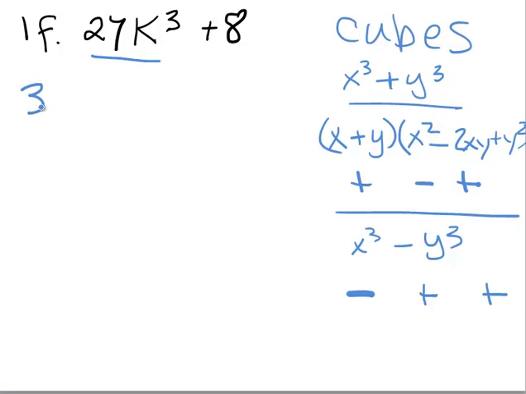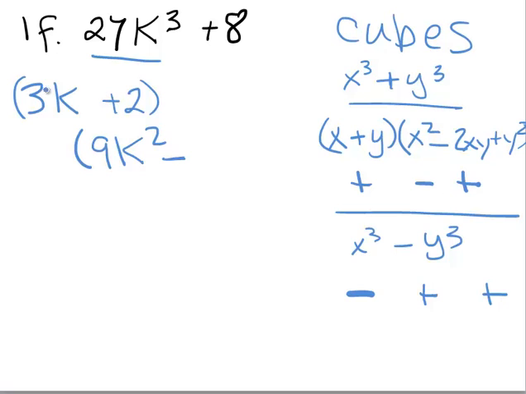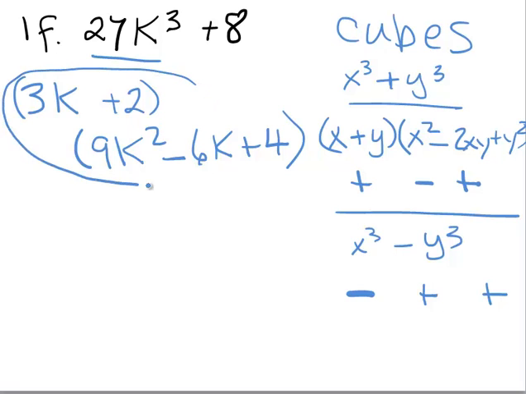So that would be 3k, because 3 times 3 times 3 is 27, plus the cube root of 8 is 2, okay, times 3k squared would be 9k, minus 2 times 3 is 6, 6k, plus 4. So those two things together, I didn't leave myself very much room, are the answer to that.